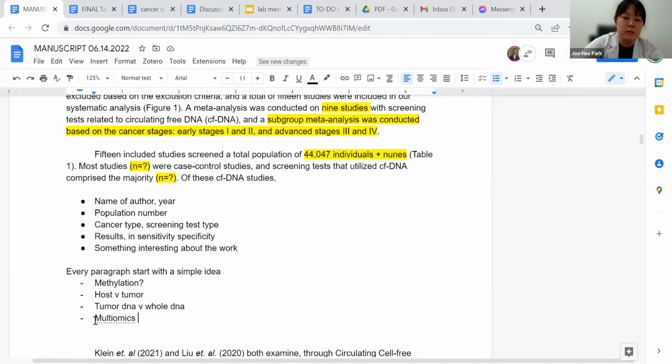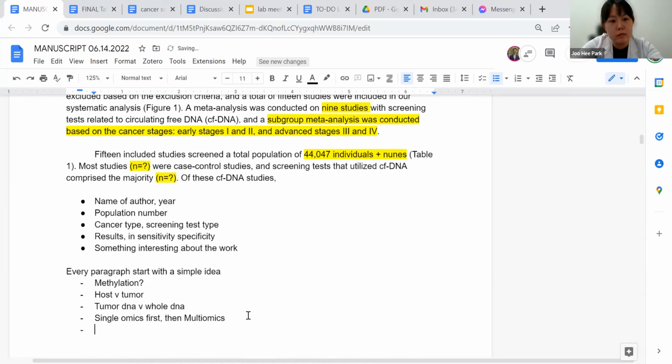And also clarify, is it host, is it tumor? And I would discuss methylation not as the first category, but under the ctDNA. Are they only looking at methylation, or are they looking at copy numbers too? Because it's all specified in the method of the paper.